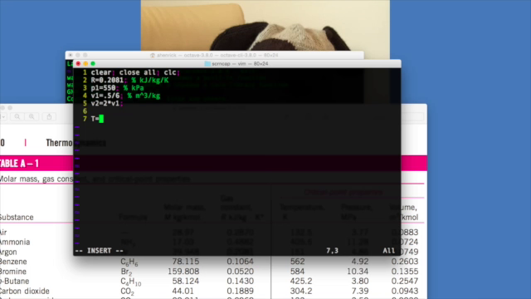So the isothermal temperature of this process is just P1 times V1 on R. And of course the units that come out of this are Kelvin. So we have kilojoules per kilogram per Kelvin in the denominator, and on top we have kilopascals times meters cubed per kilogram. It turns out that a kilopascal times a meter cubed is a kilojoule. So everything cancels here except for the Kelvin unit.